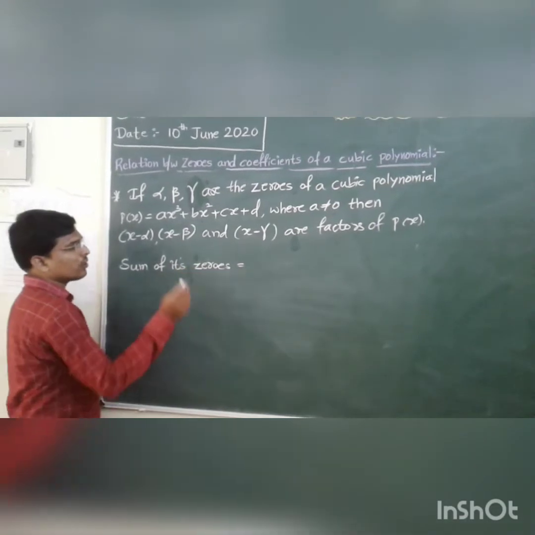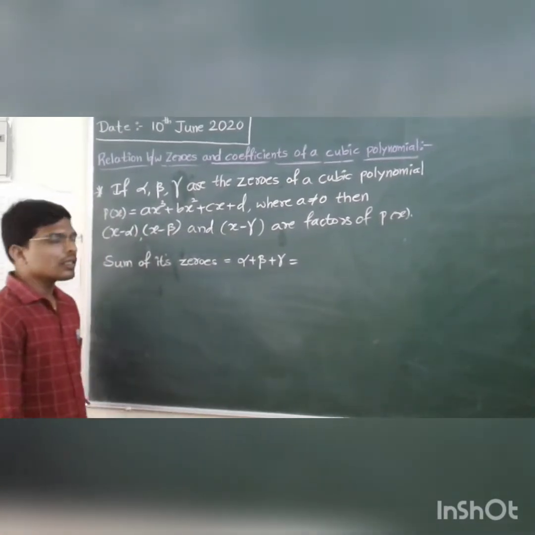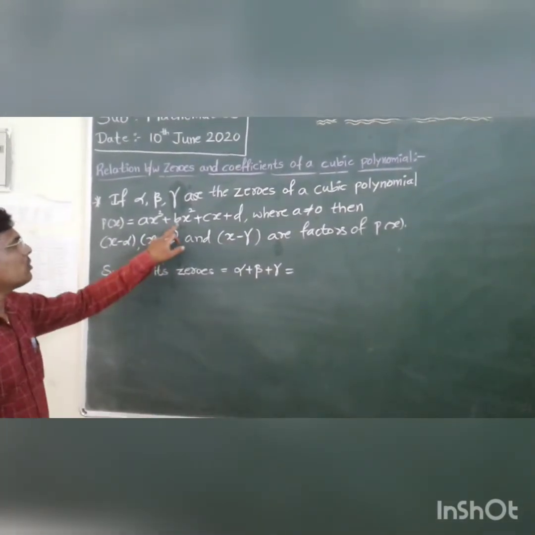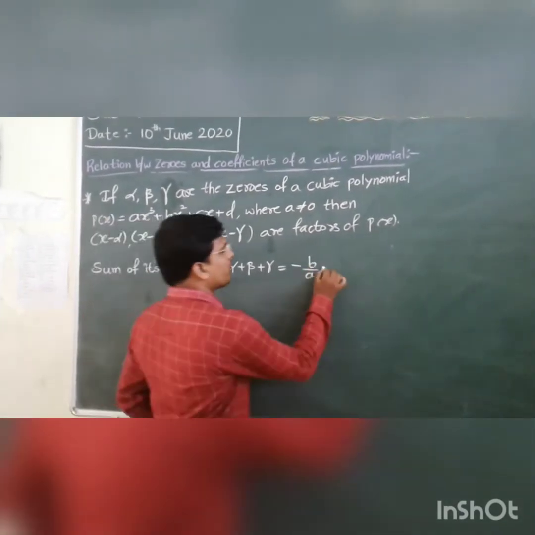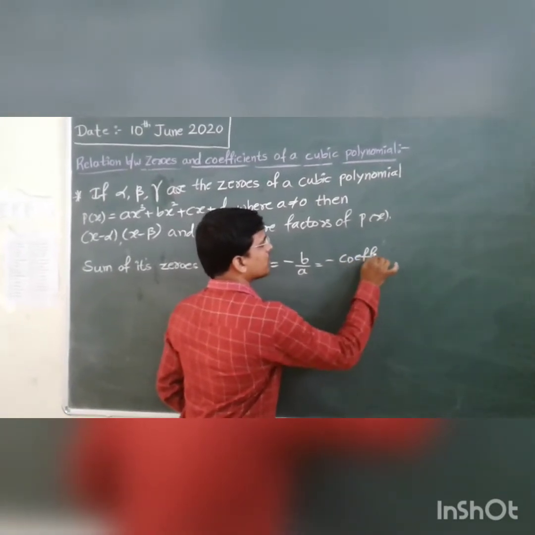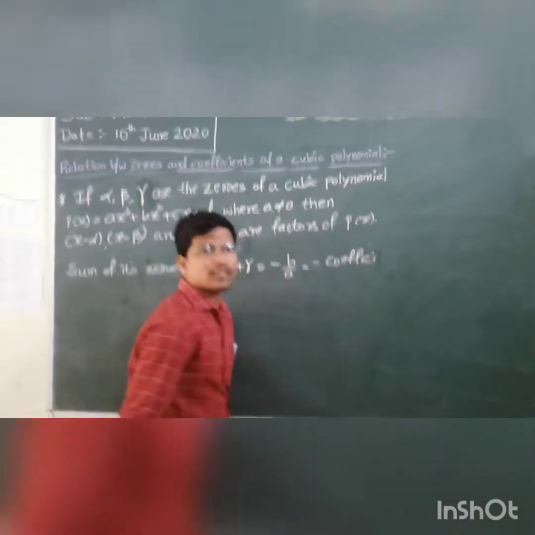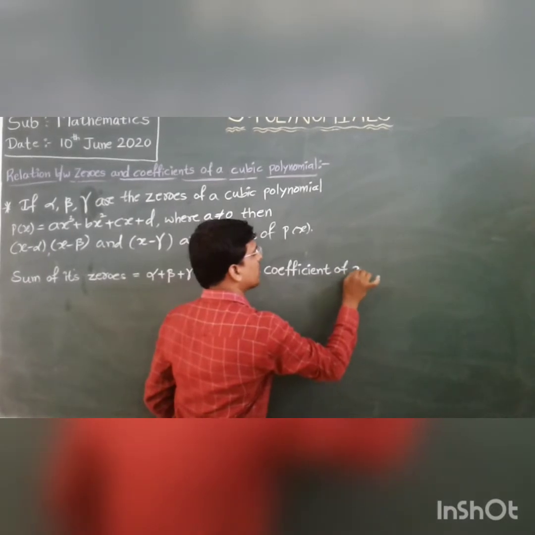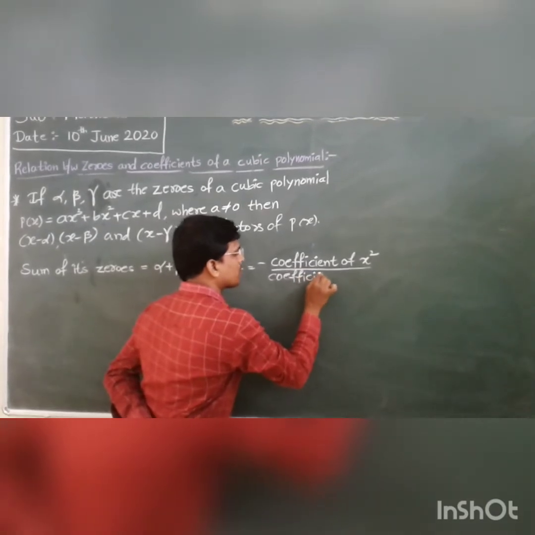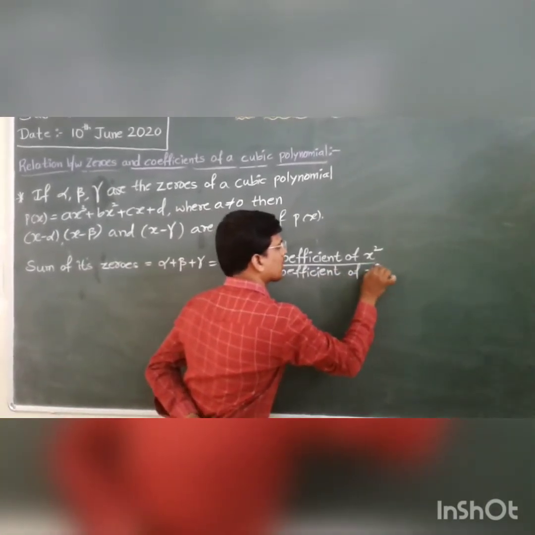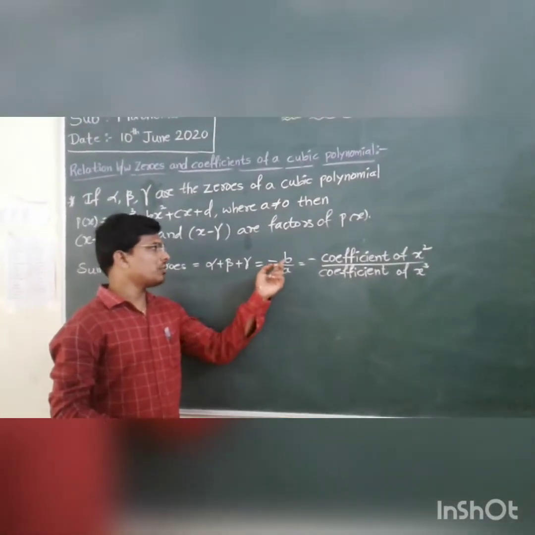So the sum of its zeros, alpha plus beta plus gamma, is equal to minus b by a.